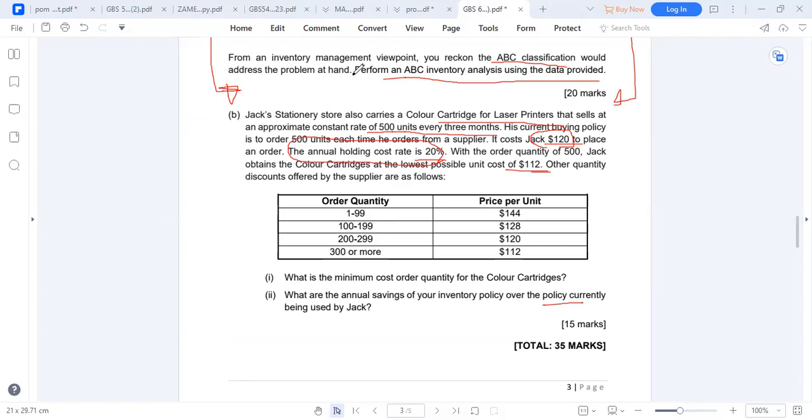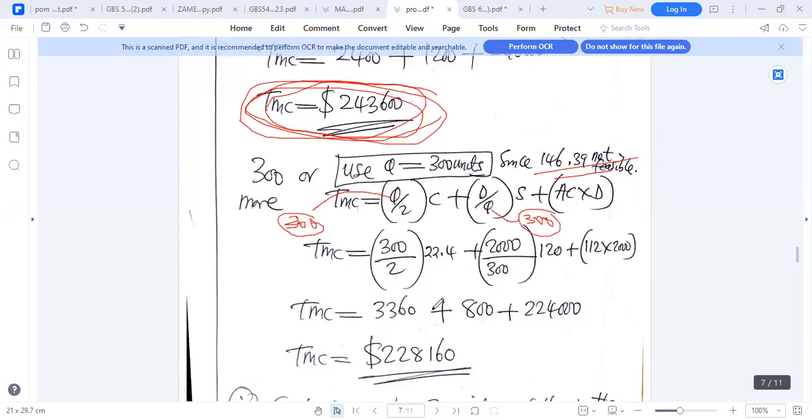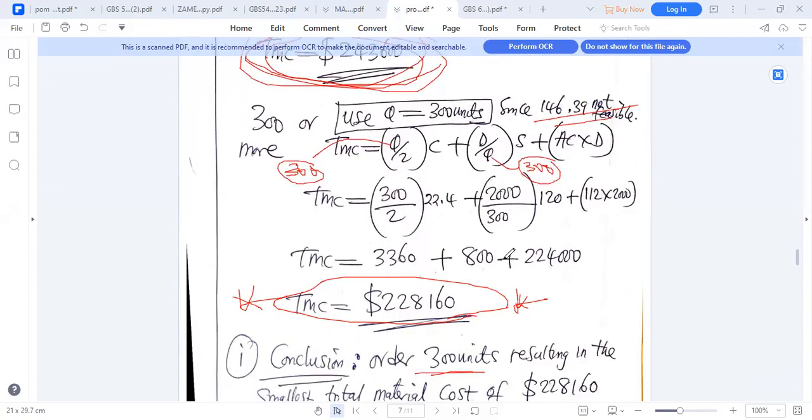But as we are concerned, we have identified that we should buy 300 units, because 300 units give us the smallest total material cost of 228,160, which is the one we are recommending to management.